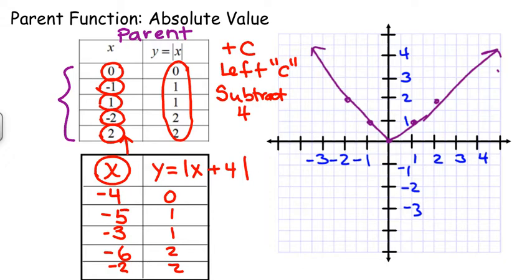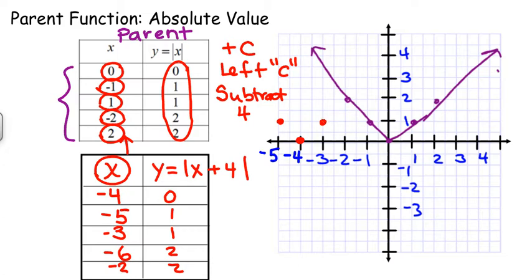Now let's go ahead and graph it. The first ordered pair is left 4, up 0. The next ordered pair is negative 5, up 1. The next ordered pair is negative 3, 1.